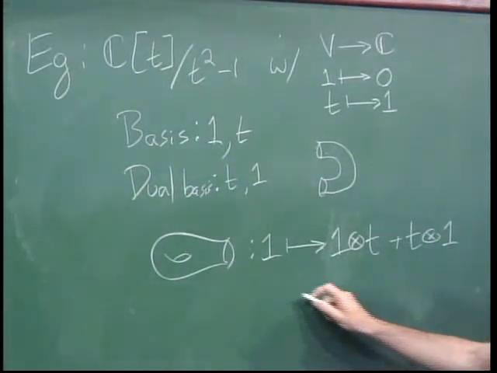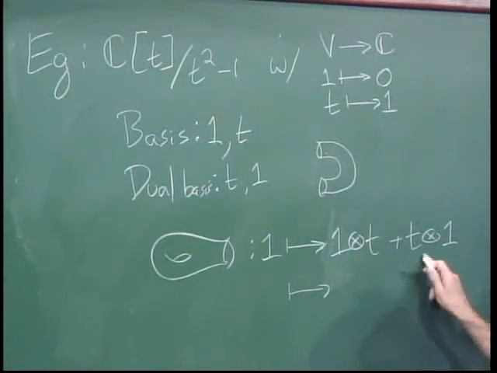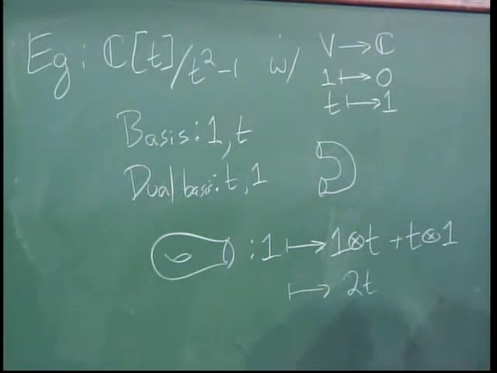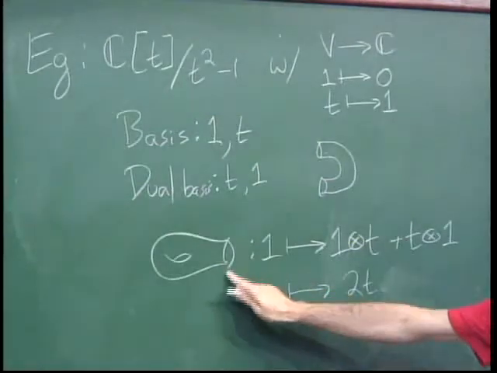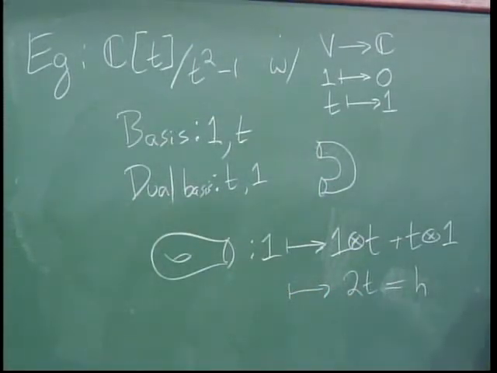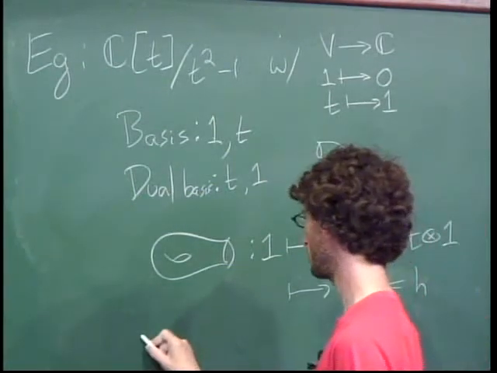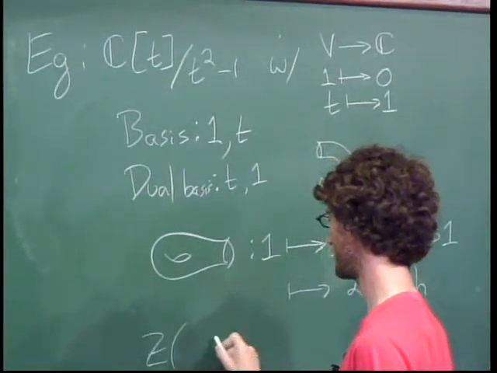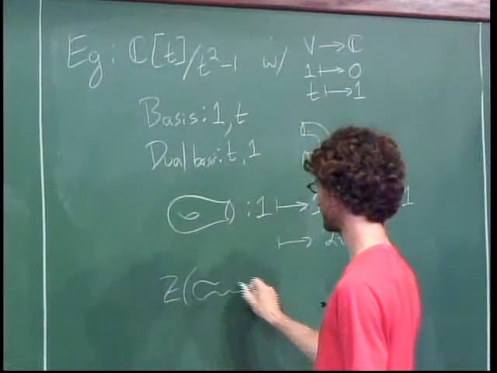And then we multiply those together, and we get T plus T. So we get 2T, and then we're just in V. So 2T is the handle element. So this is H.